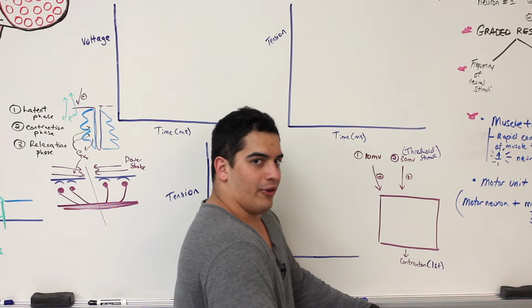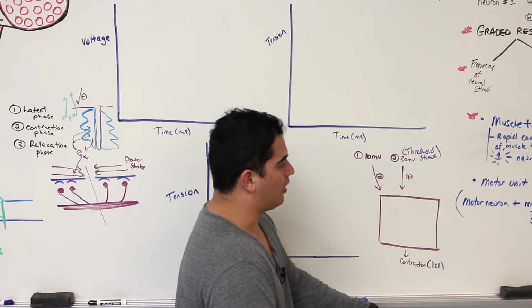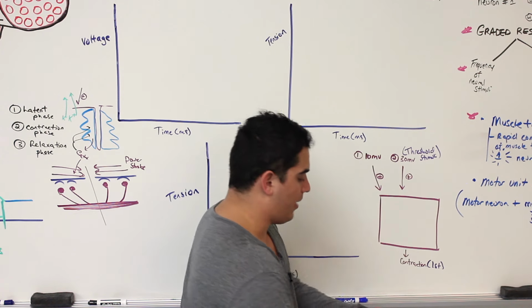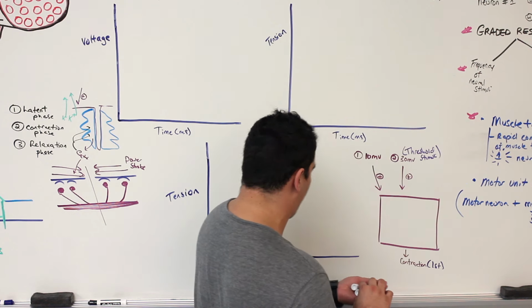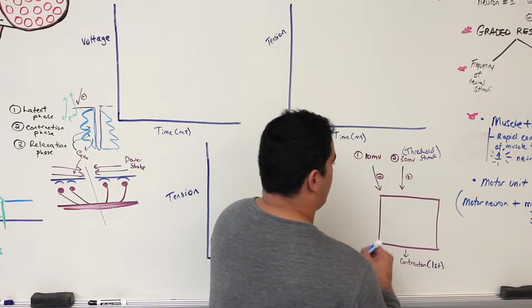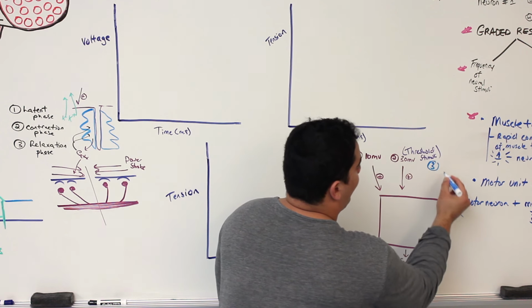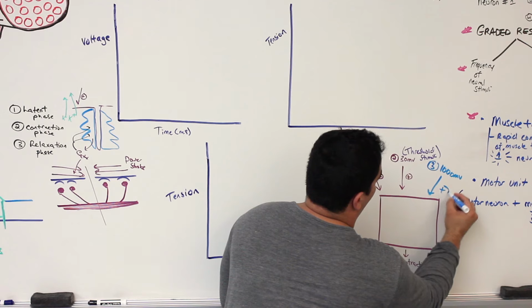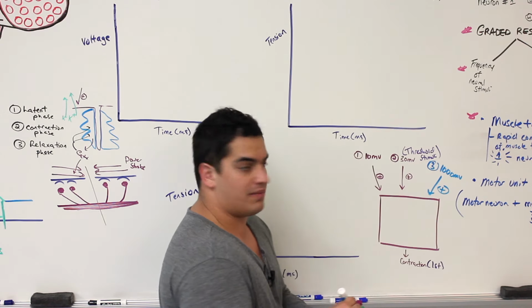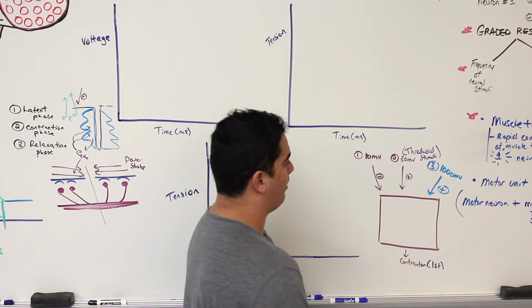Then let's say I jack this up to 1,000 millivolts. Let's make it a different color because this should be memorable. I hit it with 1,000 millivolts. I don't know why I would do this, but I do. I shock it. Boom.